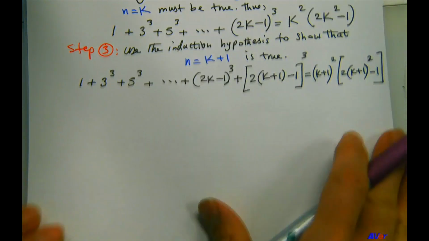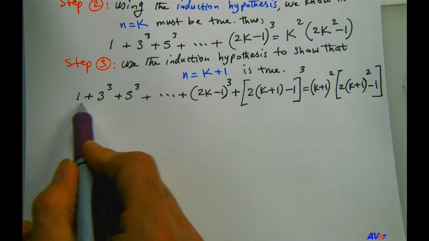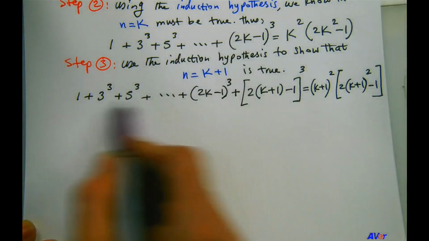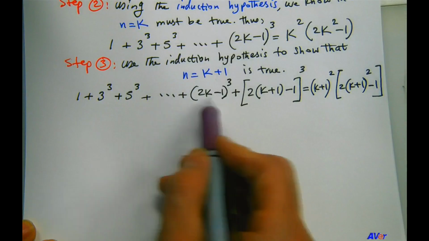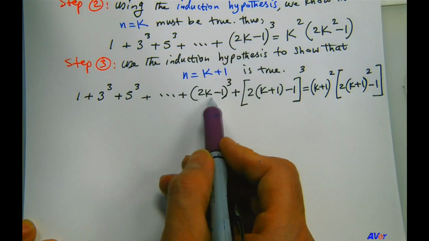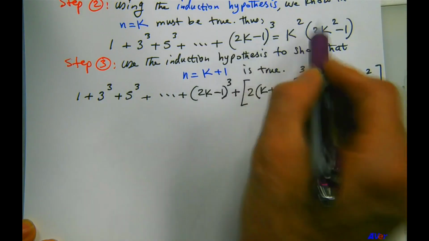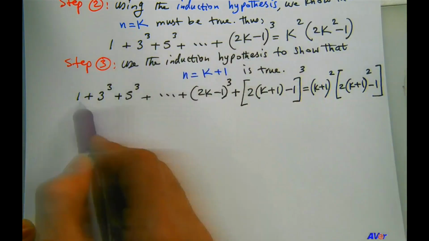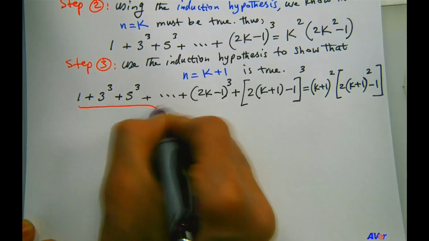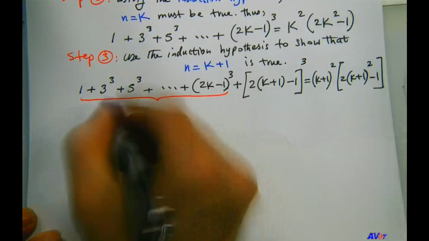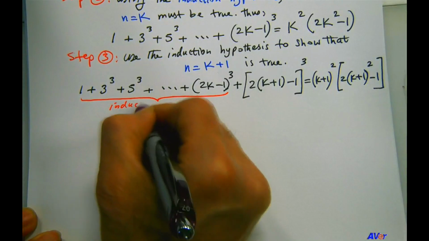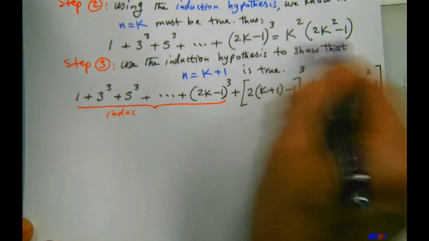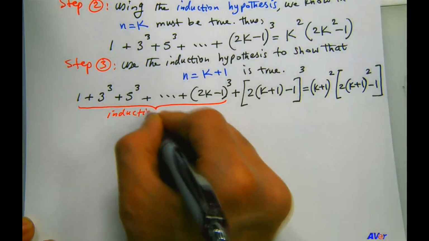So first of all, notice on the left, all of this is the induction hypothesis. So that is equal to that, right? So I can replace this piece, the induction hypothesis, with its equivalent, which is shown on the right-hand side.